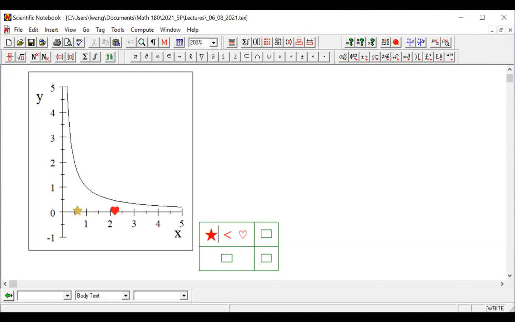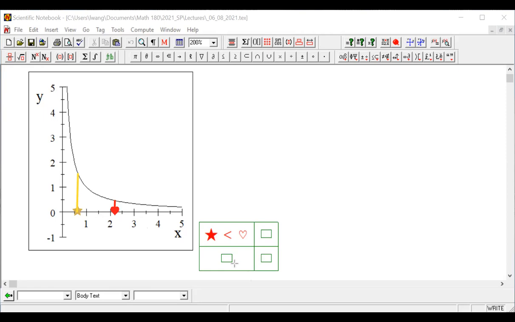What is the output? Let's look at the visual. The output for the heart, I'm going to make it yellow. That's the output for the star. How about the output for the heart? This much.